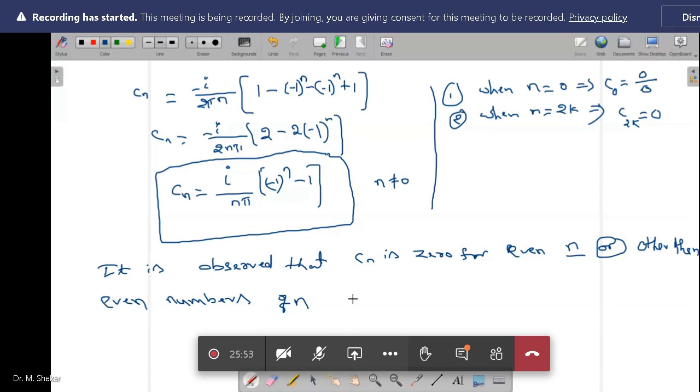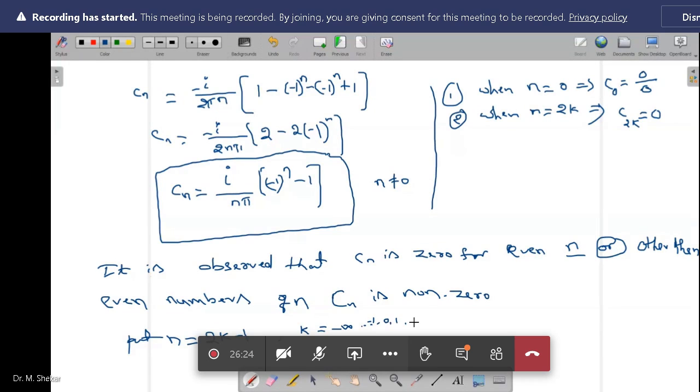Cn is non-zero only for other than even numbers, that means for odd numbers of n we get a non-zero Cn. So put n is equal to 2k minus 1, where k is equal to minus infinity to 0, minus 1, 0, 1 up to infinity.